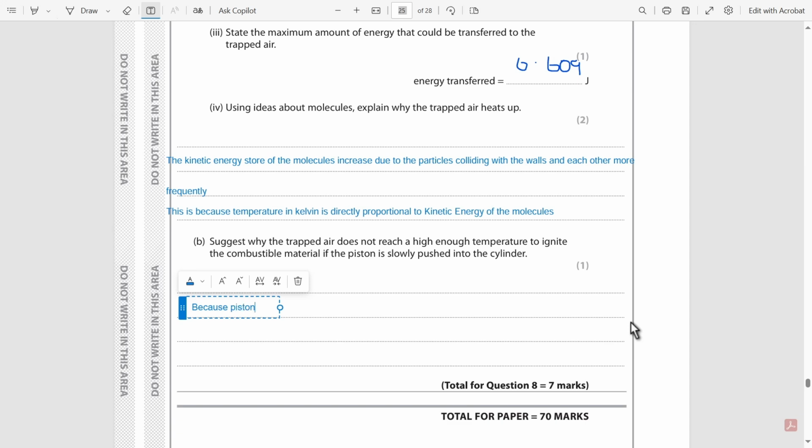The piston will have less kinetic energy to mechanically transfer to the combustible material, as less work is done.